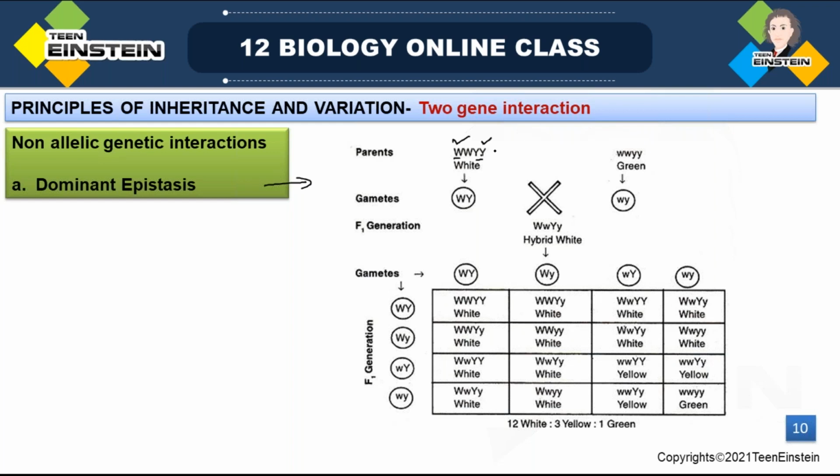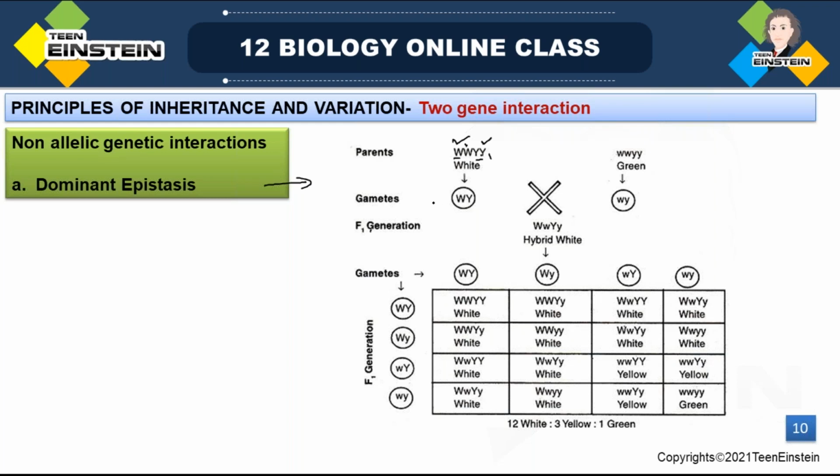Both genes are present in dominant condition, but the capital W masks the yellow color gene, and the phenotype will be white. Yellow appears only when the dominant W gene is absent.